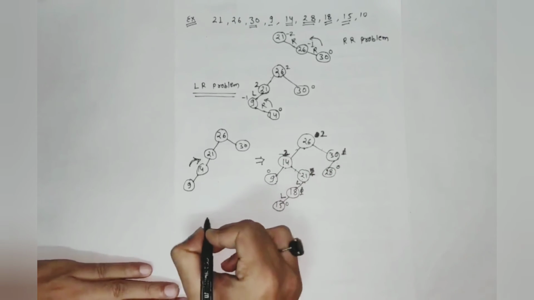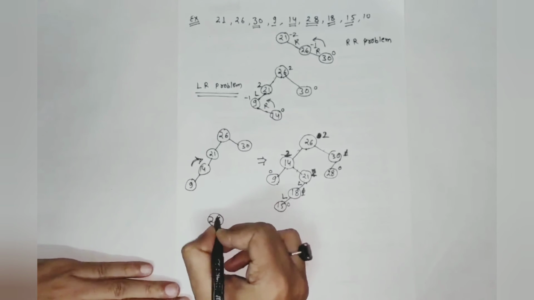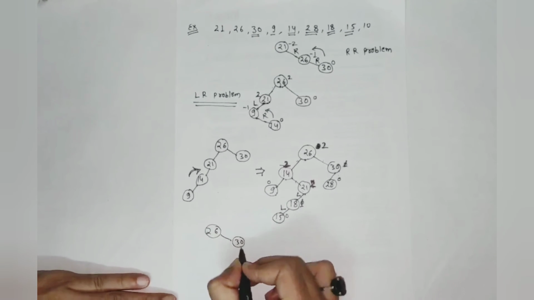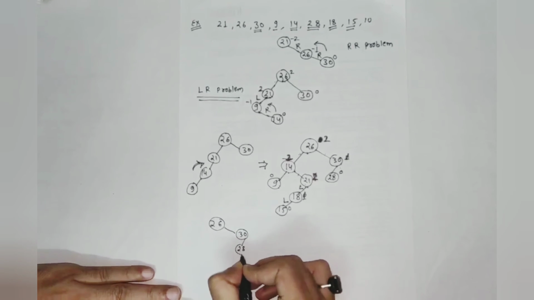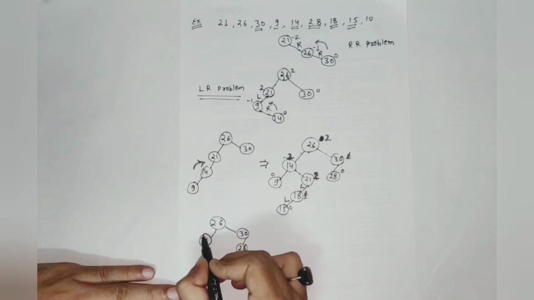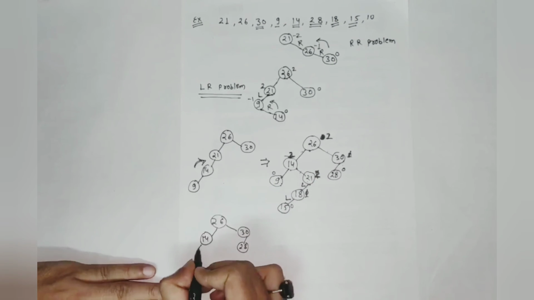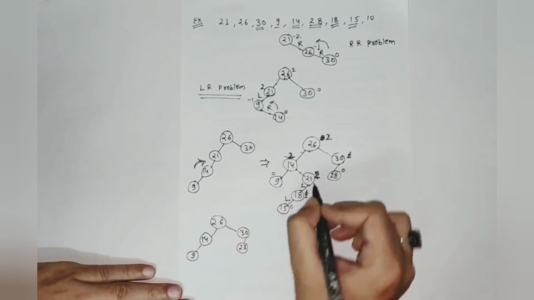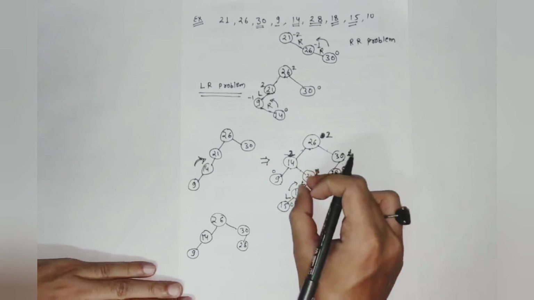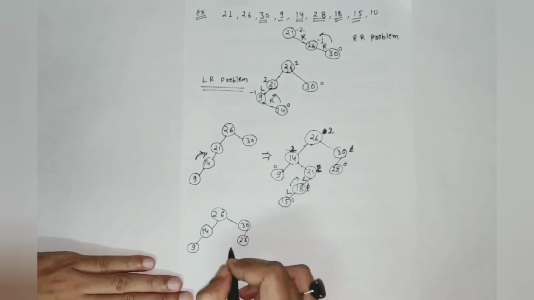So 26 is our root node. After that 30 is here and 28 is here. Now 14 is here, 9 is here. Now we need to make a right rotation. So 18 will come upwards and 21 will come down.